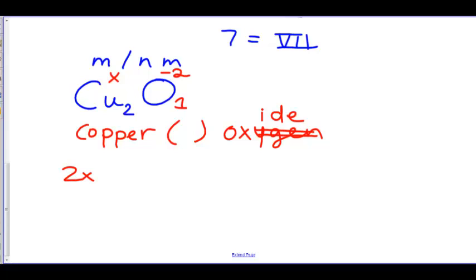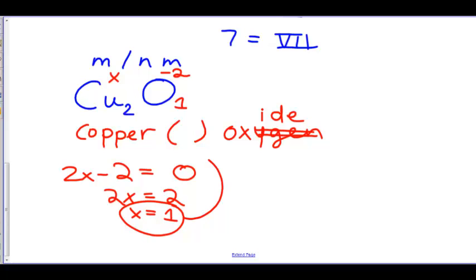You have 1 oxygen that's -2, bottom times top, -2. And since all compounds are neutral and don't have a charge, that has to equal 0. If you solve for X, you will get the charge on copper. Okay? So 2X equals 2, X equals 1. This answer that you get goes up there in Roman numerals in the parentheses. This is copper(I) oxide.